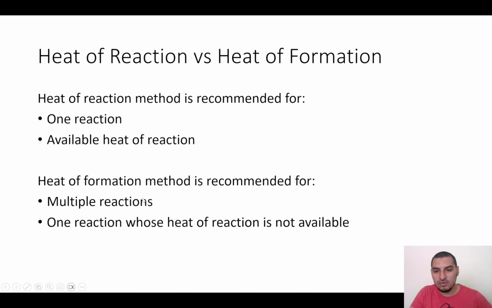So if you're going to go for this method using multiple reactions, this is going to take more time. For the heat of formation, it's also favorable if you have more than one reaction, or if somehow you are not able to calculate the heat of reaction. So anyways, these two are the cases that would make the heat of formation more favorable.